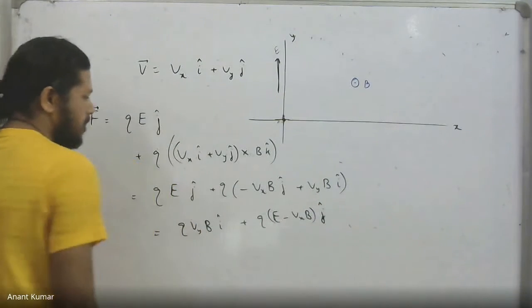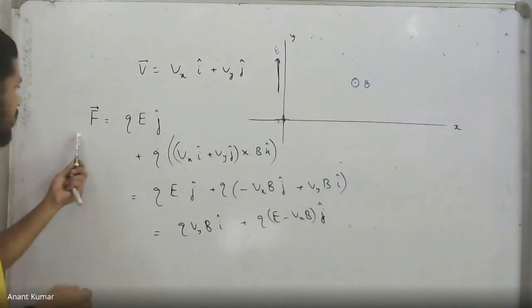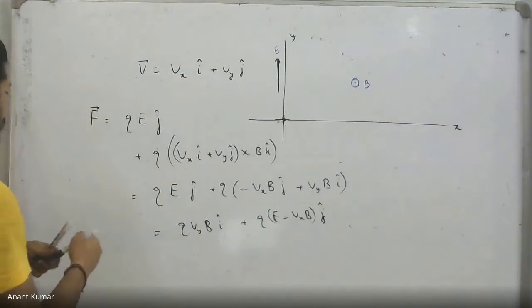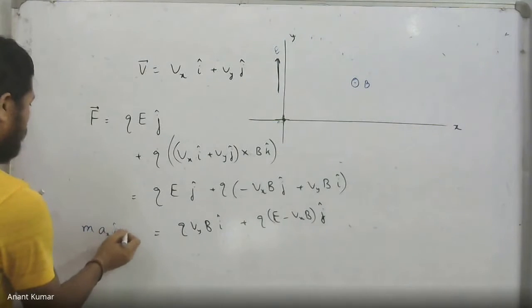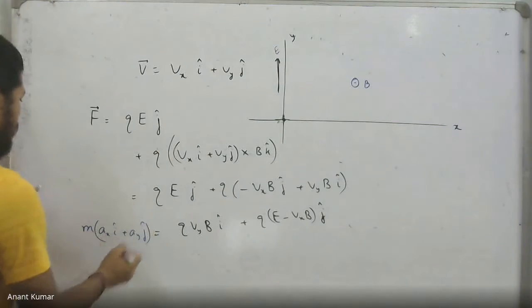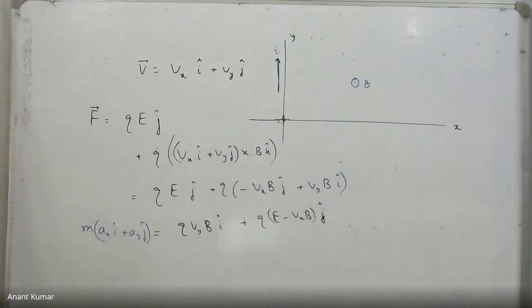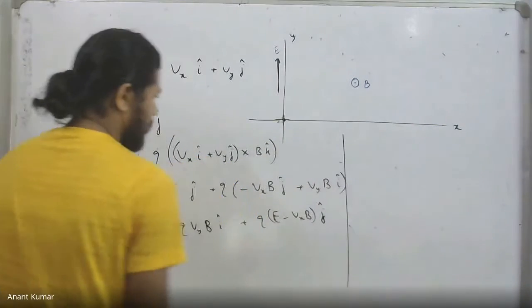But F can be written as the mass of the point charge into (ax i cap plus ay j cap). So you can equate the x and y components and end up with two equations.